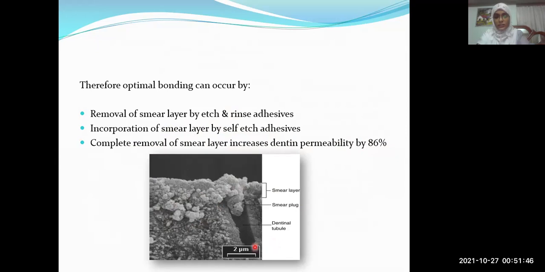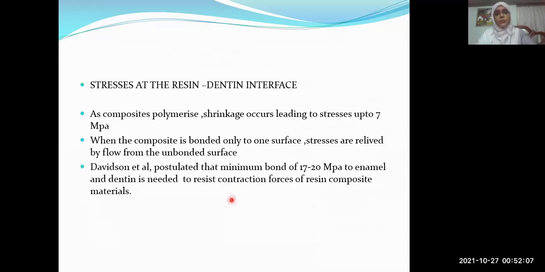Here you can see a structure with the dentinal tubules, and a smear layer forming on the surface, with a layer extending into the dentinal tubules forming a smear plug. So this has to be removed, modified or altered for the bonding agent to penetrate into the dentin. Now, there is also stress occurring at the resin-dentin interface.